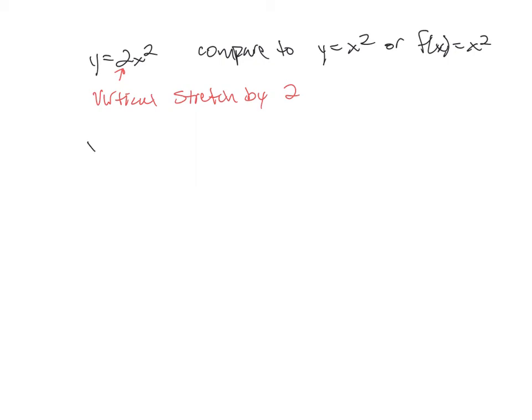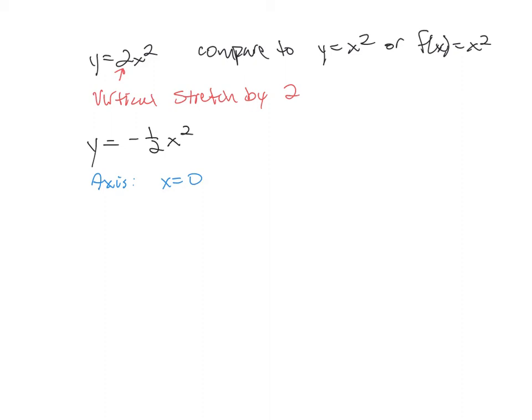Okay? So let's look at another one. I'm going to do 2 things here: y equals negative 1/2 x squared. If you remember, I said when there's no b part, the axis of symmetry is x equals 0. So you don't have to plug in, because 0 divided by something is always 0.